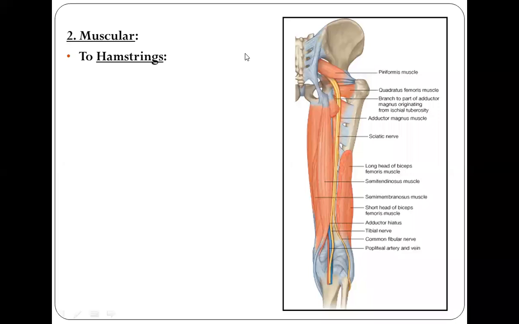If you want to volunteer, you can raise your hand, or else I'll choose a person. Okay, Pooja, can you tell the answer? What is the action of the hamstring muscles? Yes, Pooja Krishna.